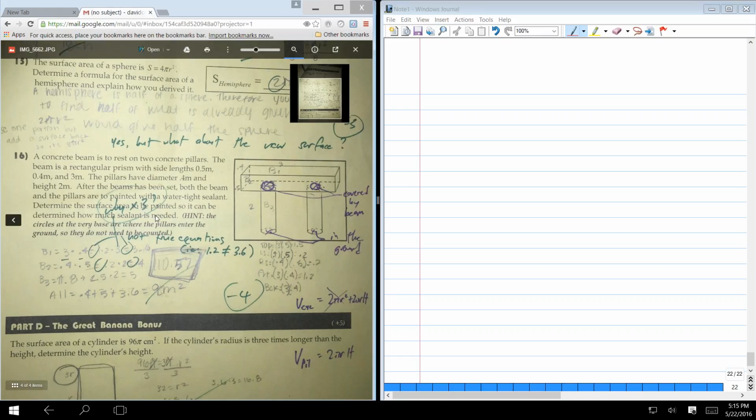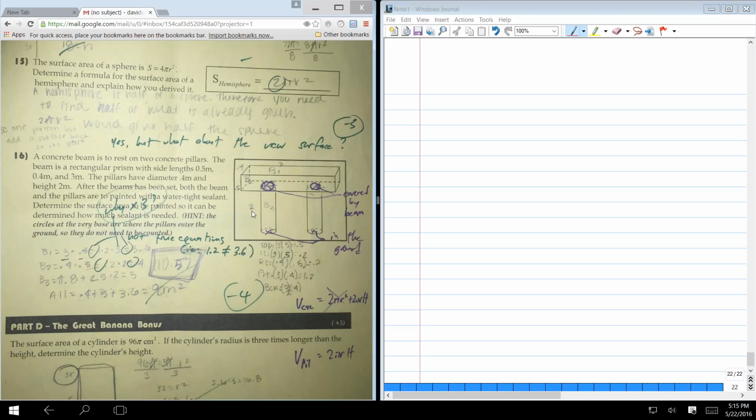Determine the surface area to be painted so that it can be determined how much sealant is needed. The circles at the very base are where the pillar enter the ground, so they do not need to be counted. And they're covered by the beam there, so they didn't need to be counted either. Although I would think maybe you'd want to put some water sealant on them. But for this problem, you don't count it.